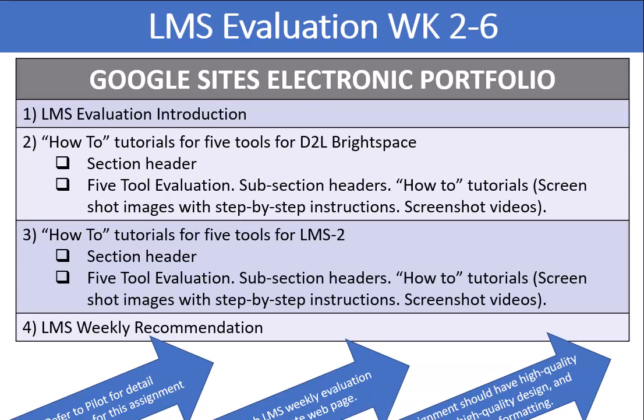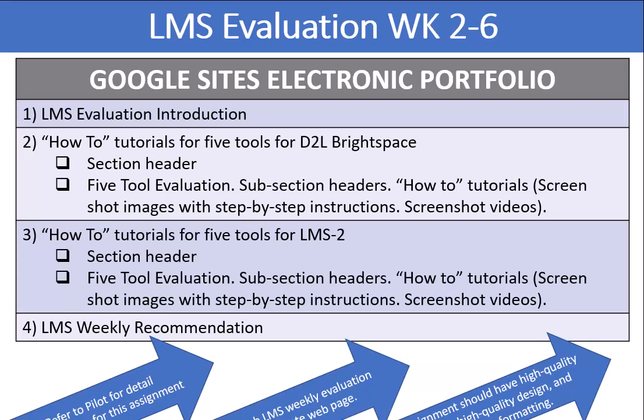You'll have a section header to identify this entire section about Desire2Learn. Then while you're doing the 5 tool evaluation, you will have a subsection header for each one of those tools. Some of the tools will have a subheader with some text context about that tool. And then it will either be a screenshot image with step-by-step instructions or a step-by-step screenshot video.